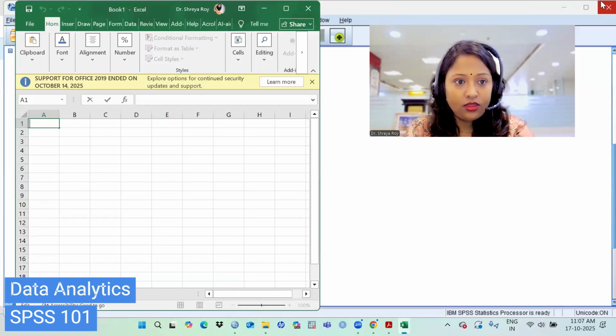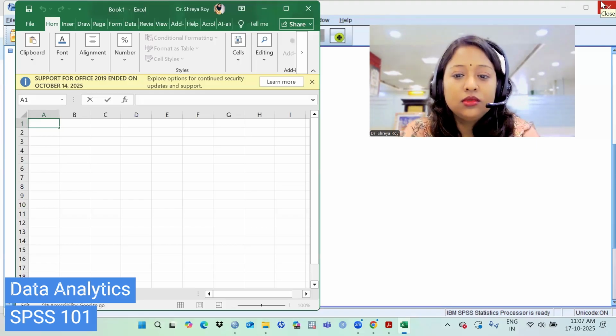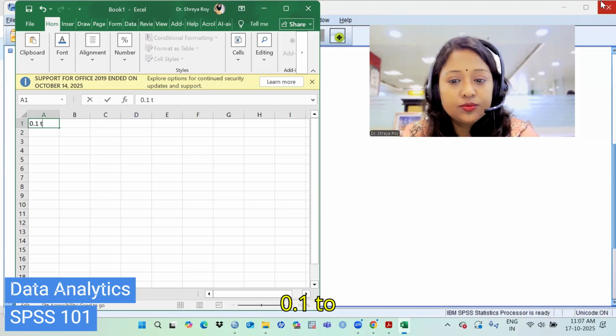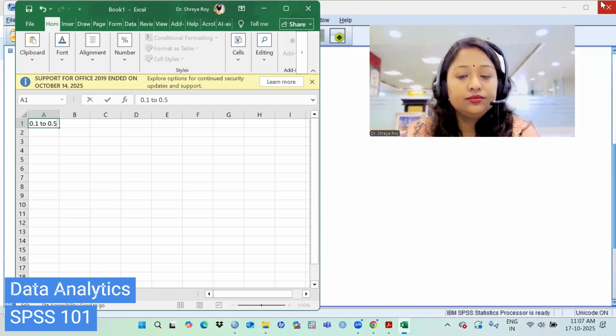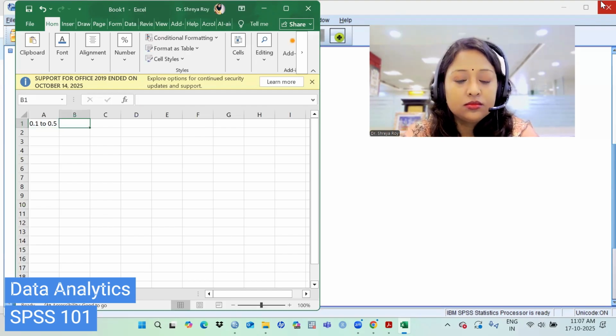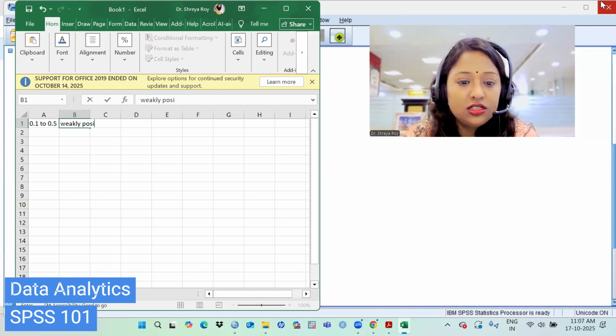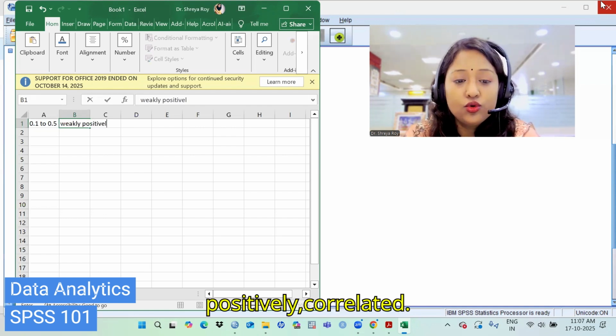So, 0.1 to 0.5, we say weakly positively correlated.